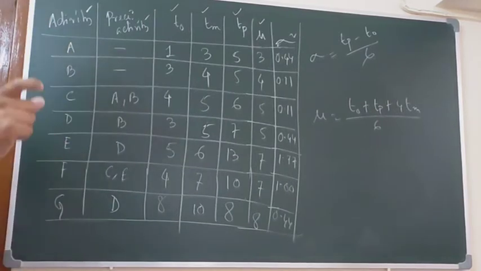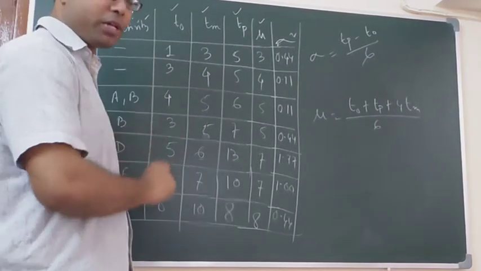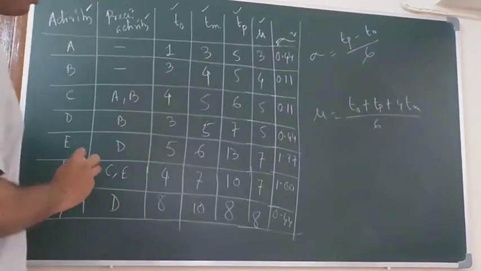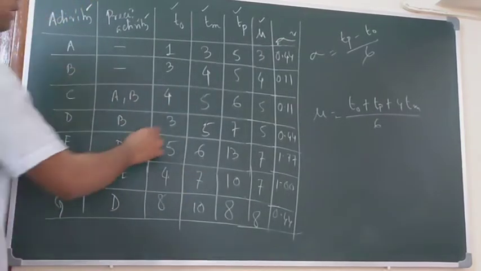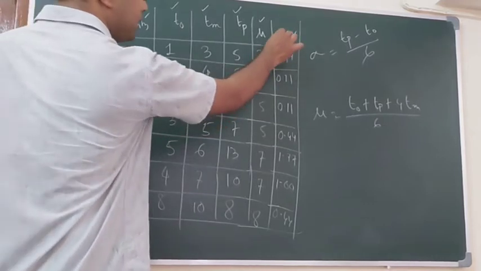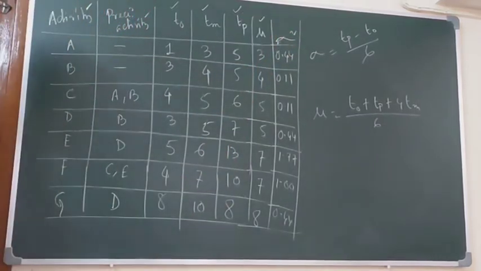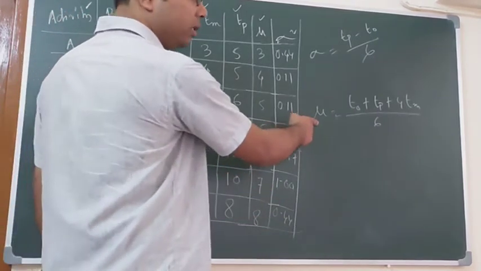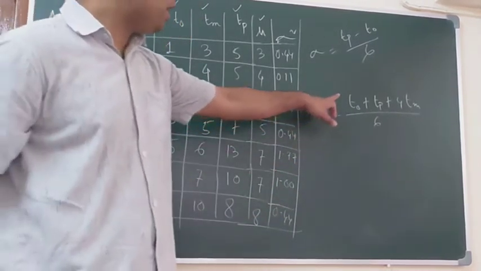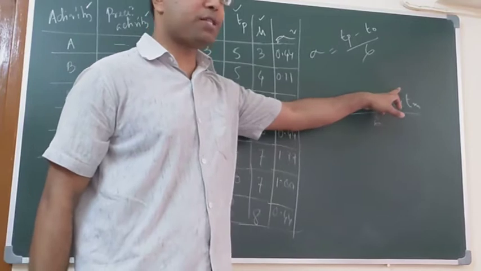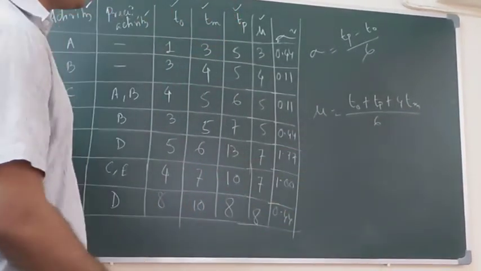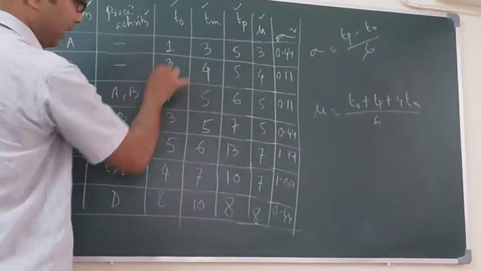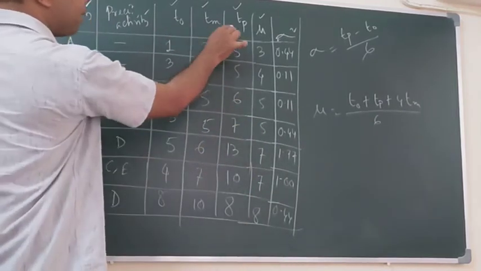The mean is the expected time duration for each activity. For example, for completion of activity A the time is 3, and the variance sigma squared is given. The formula is mu equals (TO plus TP plus 4TM) divided by 6. You can easily verify this mu with the given data TO, TM and TP.